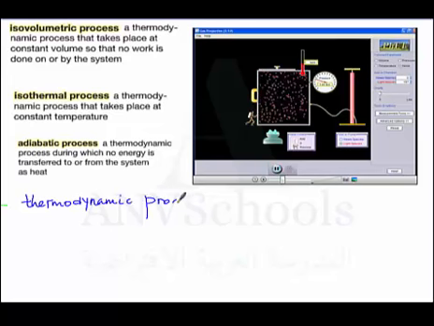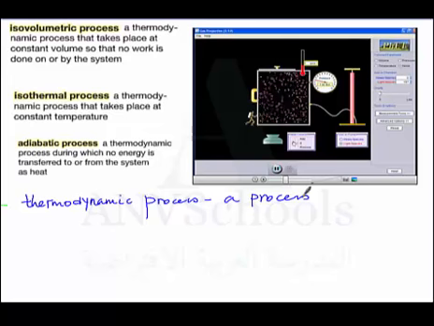So this is a process that occurs. We call it a thermodynamic process if and only if there is a change in temperature, pressure, or volume.